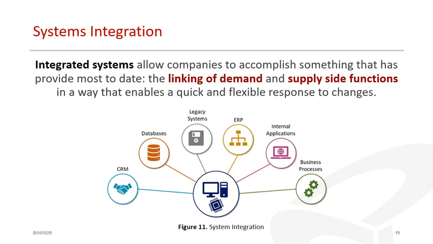For example, having too much or not enough inventory, or having the inventory at the wrong place and the wrong time can have a disastrous impact on the company profit and even existence. Integrated systems allow companies to accomplish the linking of demand and supply side functions in a way that enables a quick and flexible response to changes in demand.